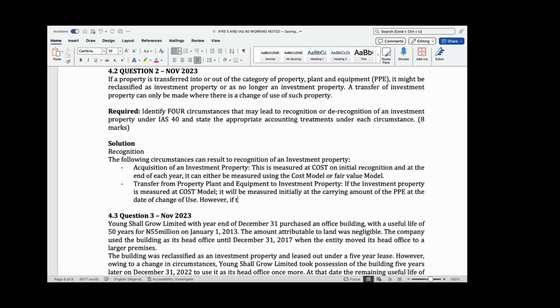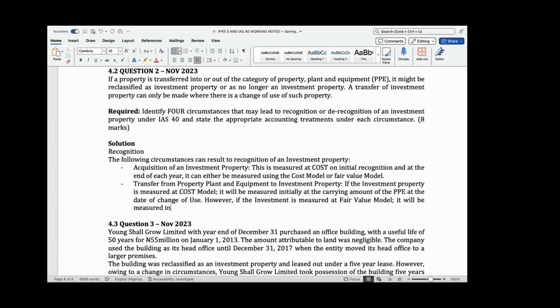However, if the investment property is measured at fair value model, it will be measured initially at the valued amount of the PP at the date of change in use.